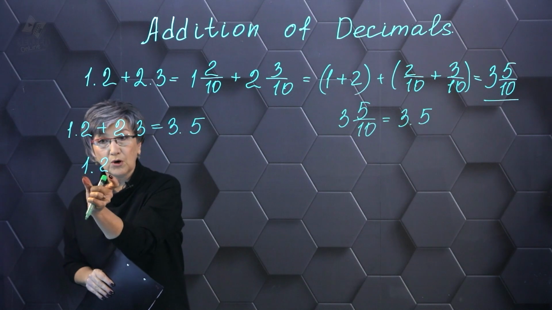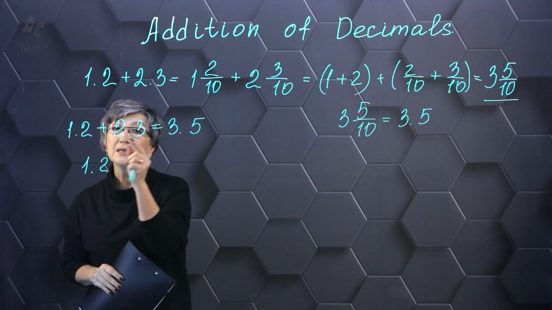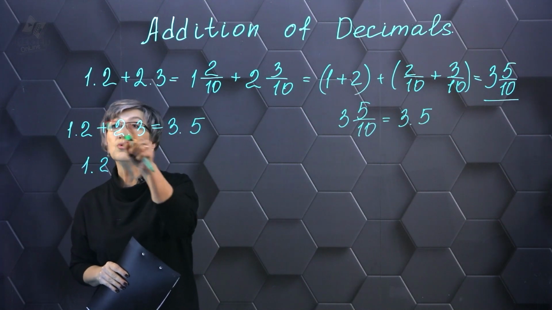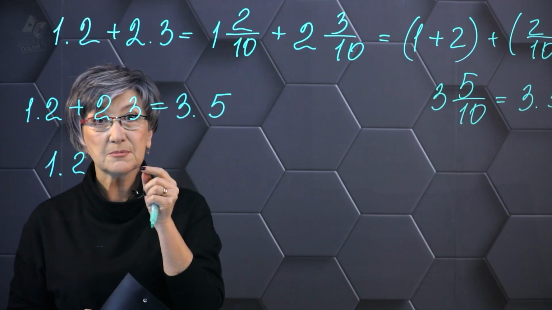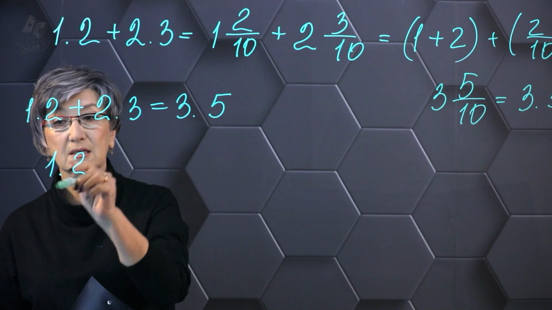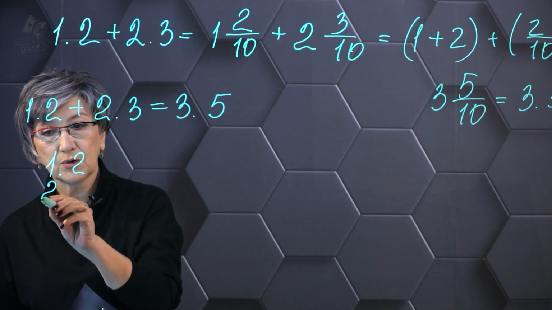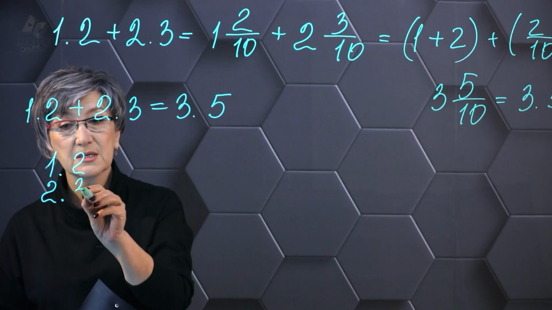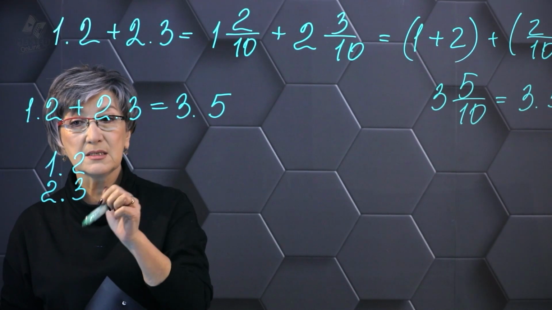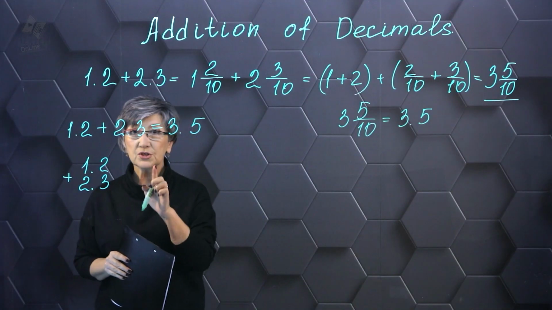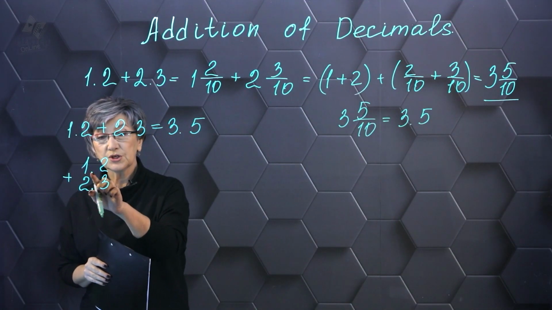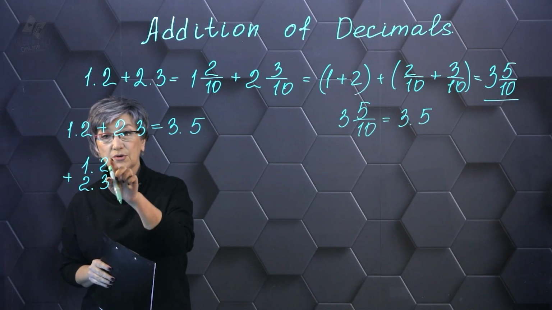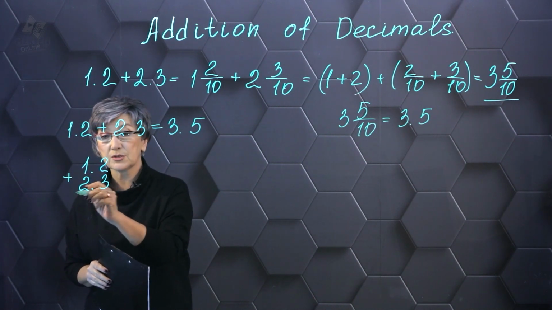For example, if I have written down 1 whole and 2 tenths, I must write down 2 wholes and 3 tenths directly under it so that the whole parts align and the fractional parts align. This means I will be writing 2 under 1. I put our dot and then I write down 3 tenths. Now pay attention. It's very important that the dot goes under the point. The whole part stood under the whole part, and the fractional part stood under the fractional part.